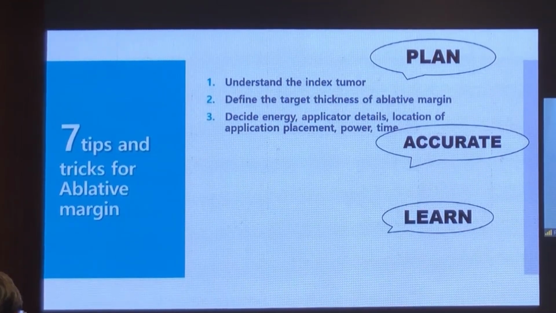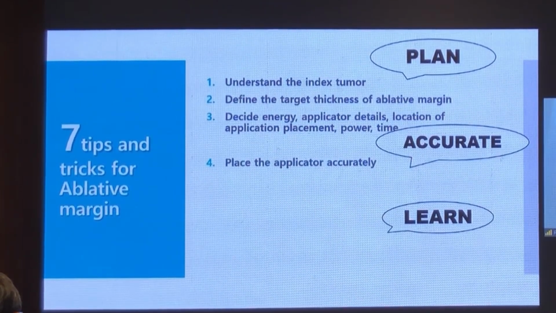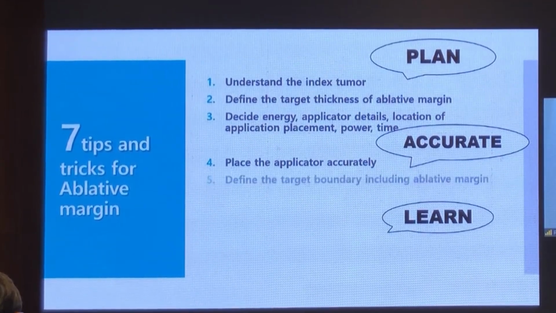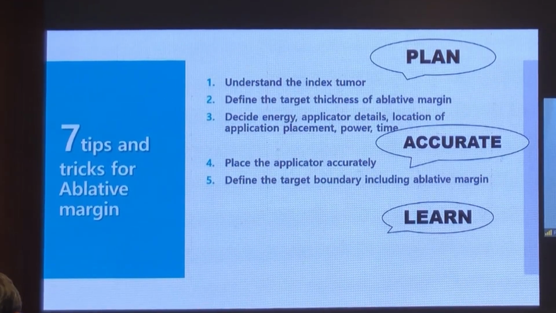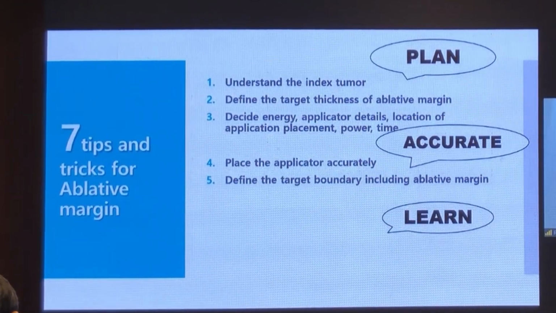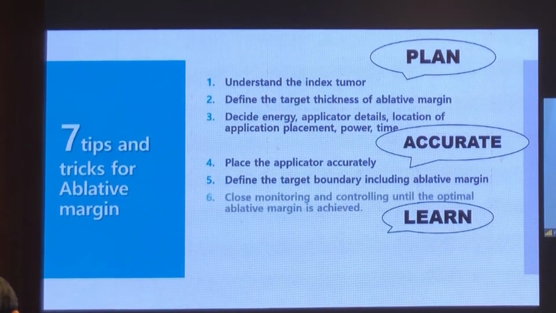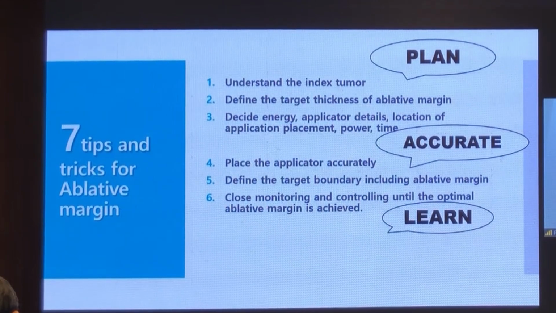Regarding the accurate procedure, we should place the applicator accurately first and define the target boundary of the ablation zone, including ablative margin, before starting ablation. Next, close monitoring and controlling until the optimal ablative margin is achieved.